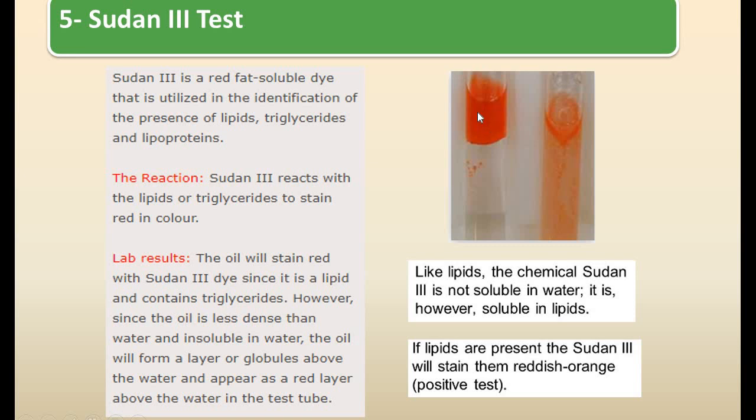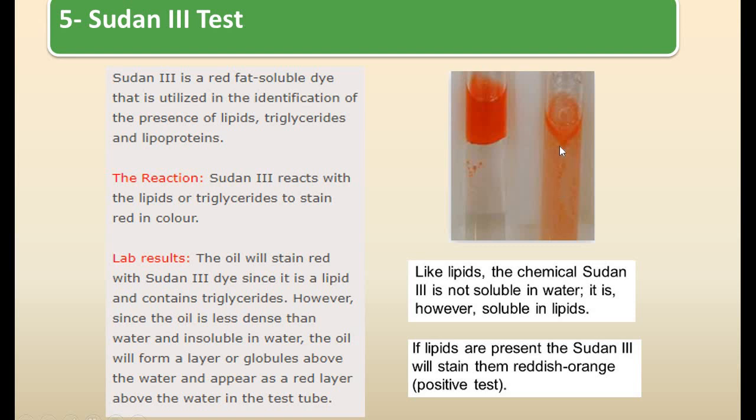Like lipids, the chemical Sudan III is not soluble in water, so it will also be present in the oil layer. If lipids are present in the test tube, then the Sudan III will stain them reddish orange. As you are seeing, this is the test tube in which the oil and water is present.